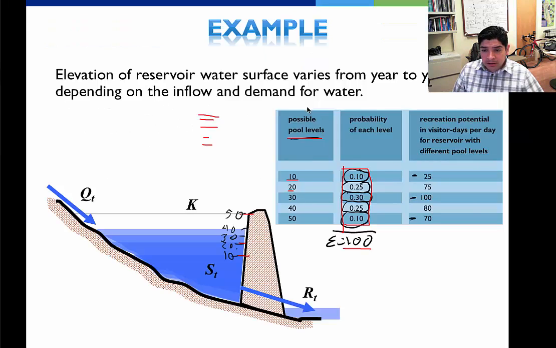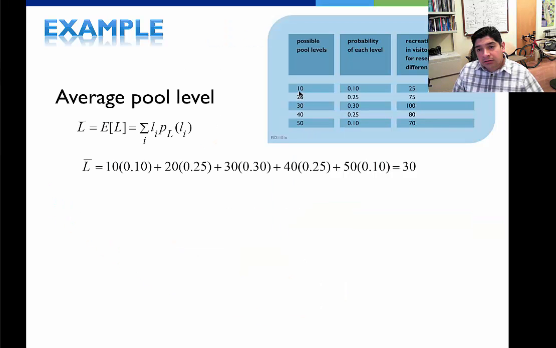If I'm telling you that a pool of 10 happened 10% of the time, 20 happened 25% of the time, 30 happened 30%, 40 happened 25% of the time, and 50, how can we estimate this?